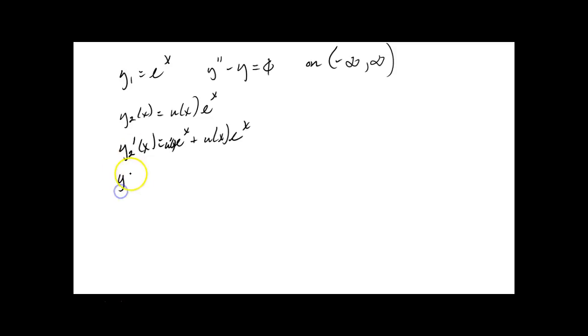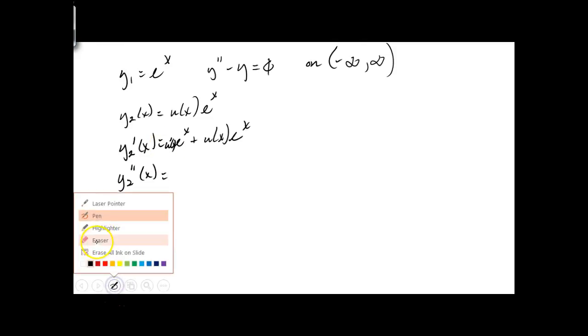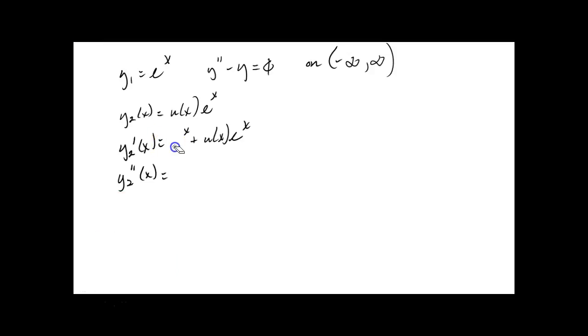Let's now do y2 double prime. Hope you can read my writing. I stuck it in there. Let me see if I can make it a little more visible. It's not much better, but a little bit. Okay, now let's do y double prime. What would that be?